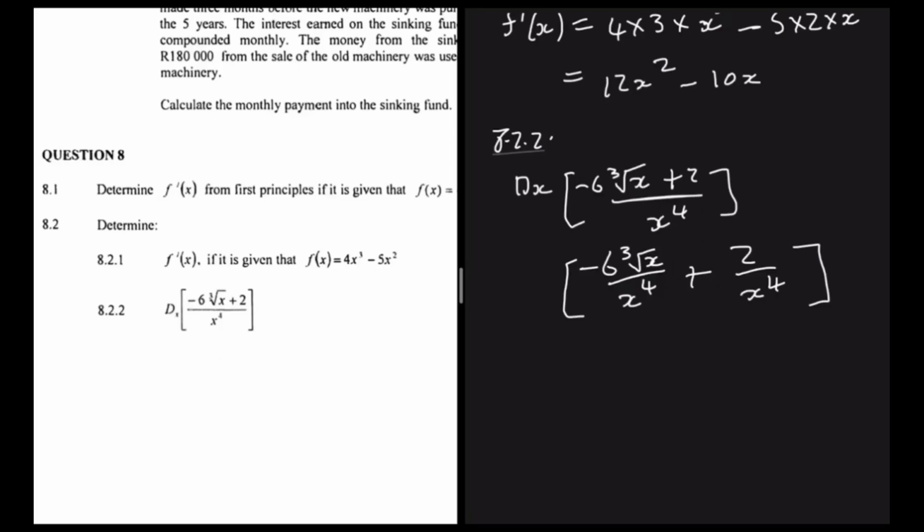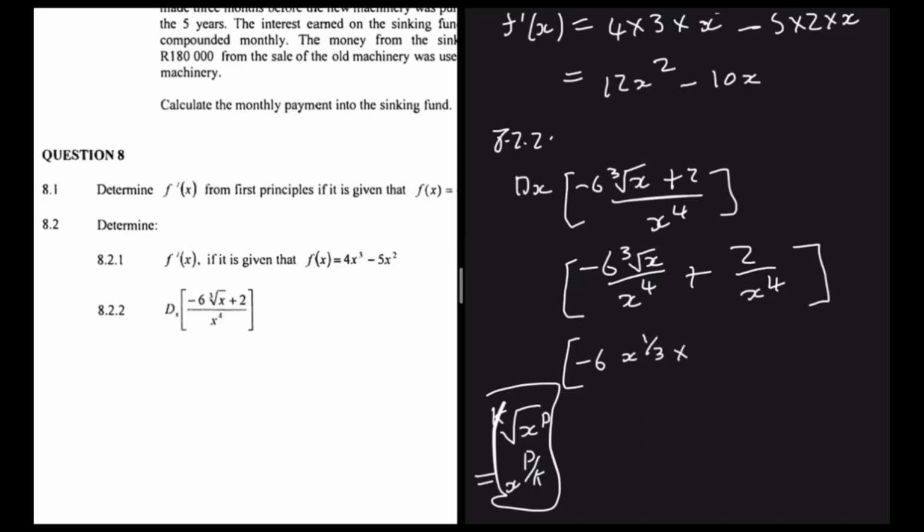So if we do that, we're going to get minus 6. If you have k and then you have x to the power of p, then this is the same as x to the power of p divided by k. So if we apply the same idea on our term there, we're going to get x to the power 1 divided by 3, right?